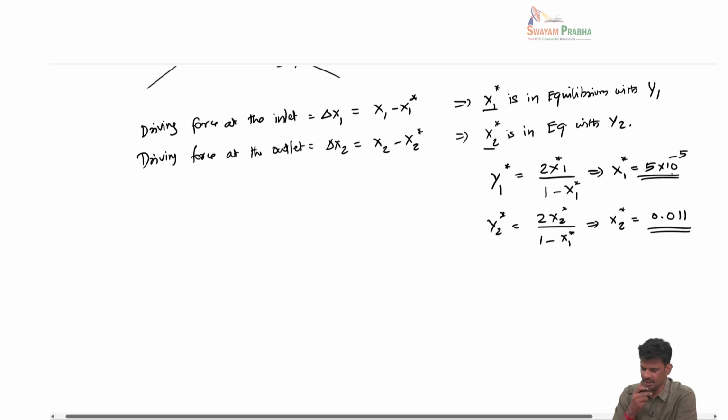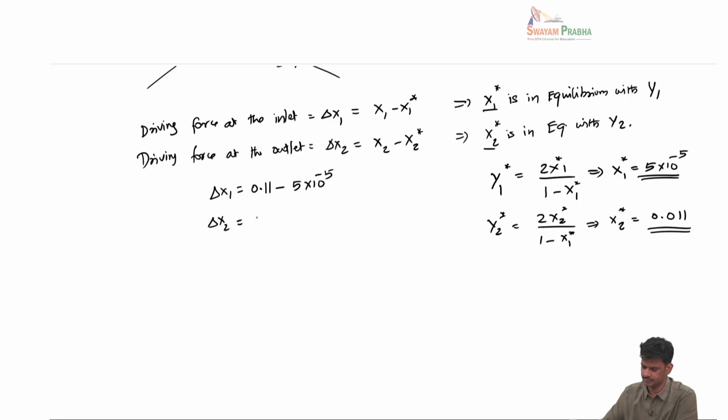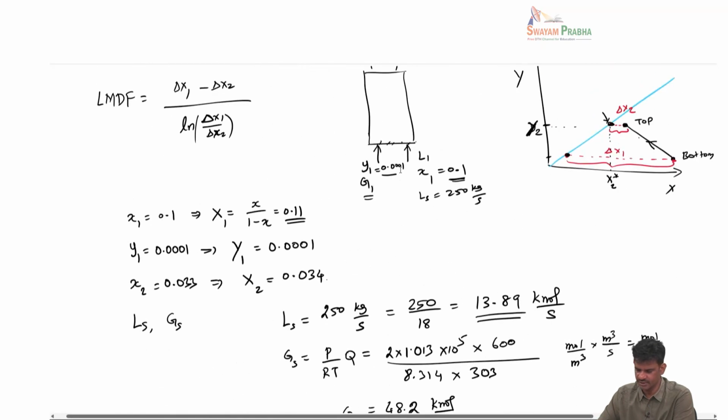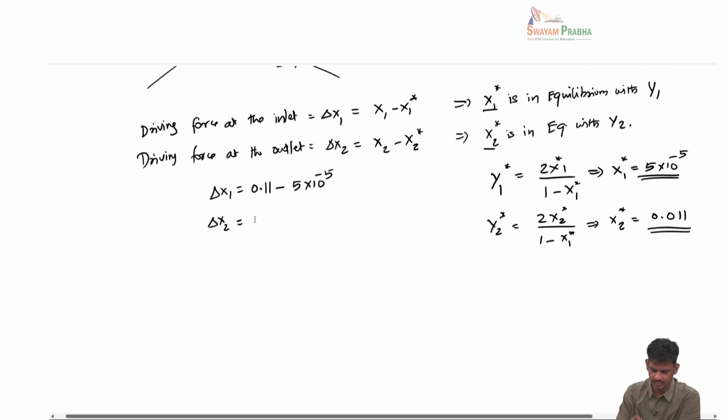So we use these equilibrium values and get delta x1, which is 0.11 minus 5 into 10 power minus 5, and delta x2, which is 0.034 minus x2 star, 0.011.